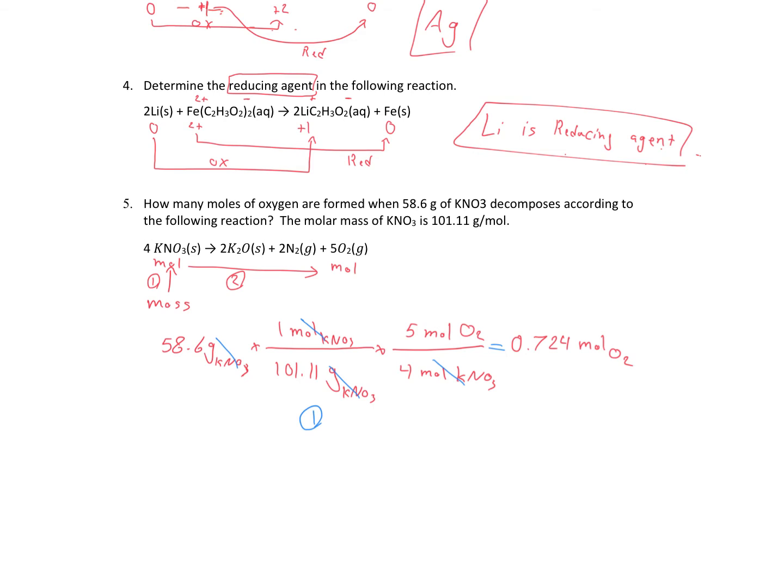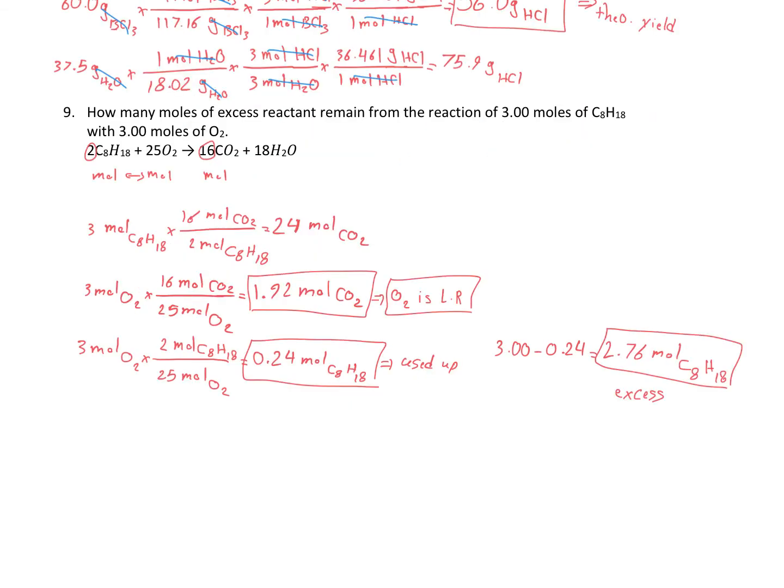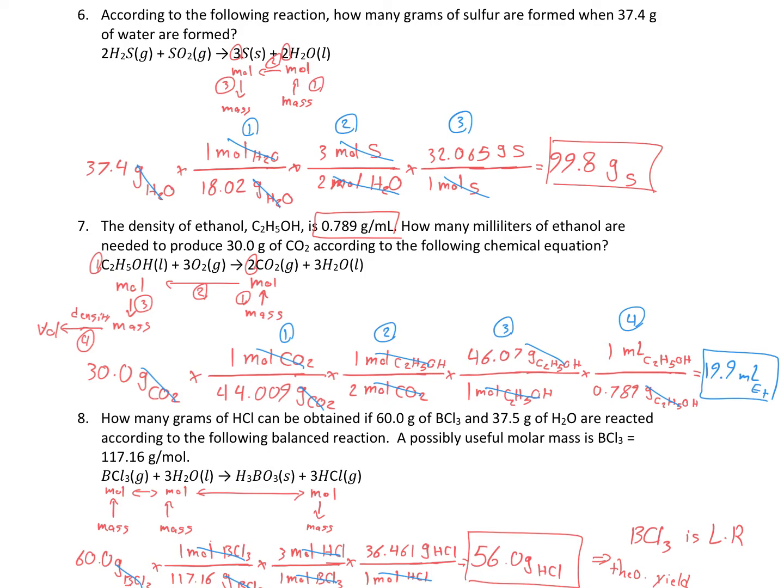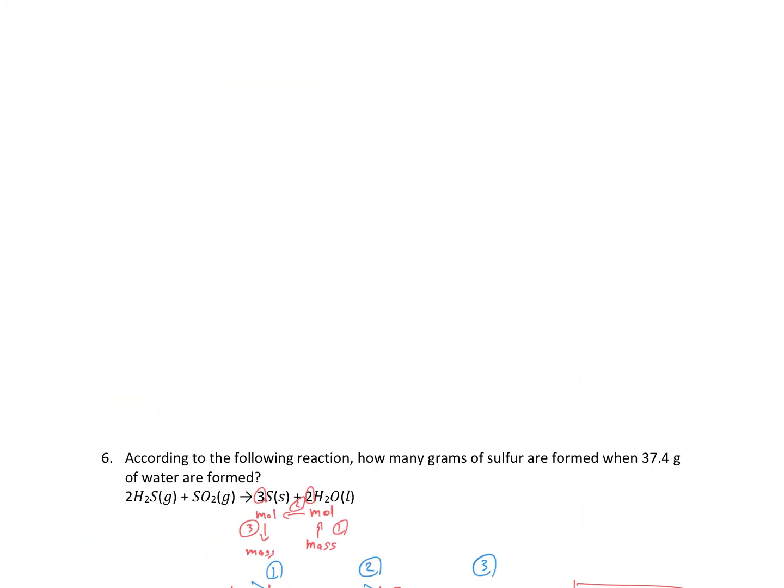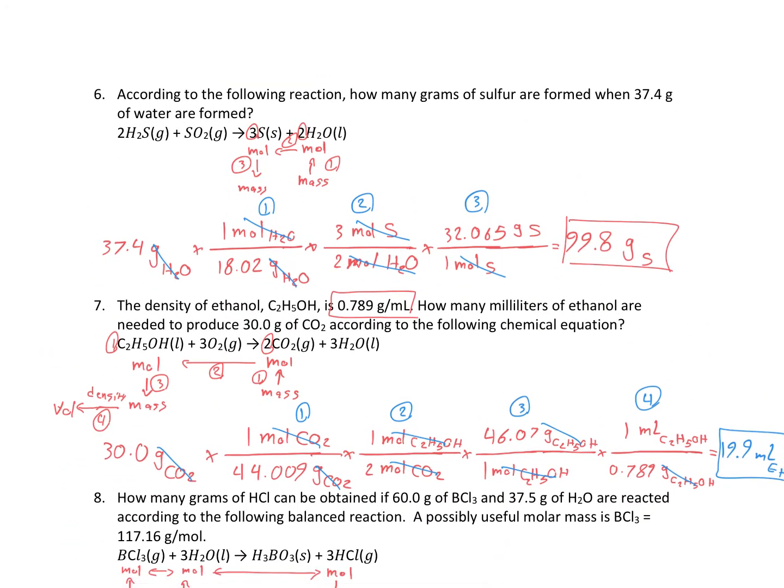I want to get rid of mole of KNO3, so I put the mole of KNO3 on the denominator, and the numerator is mole of oxygen. So we are good with the units. The rest is just putting these numbers in your calculator and finding the number. And that's 0.724 moles of oxygen. Okay, so second page, question number 6.